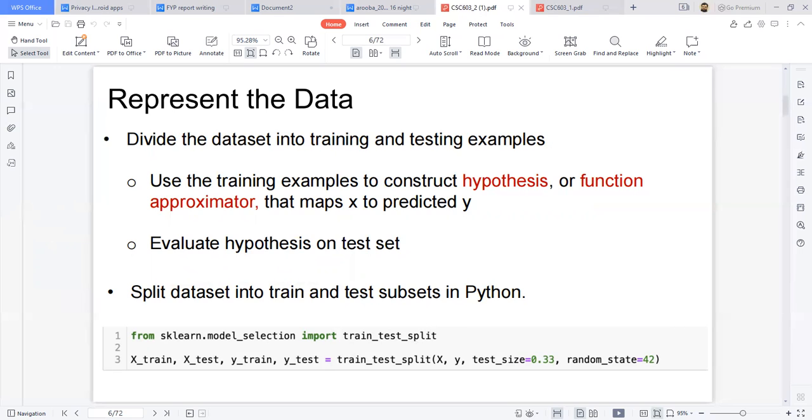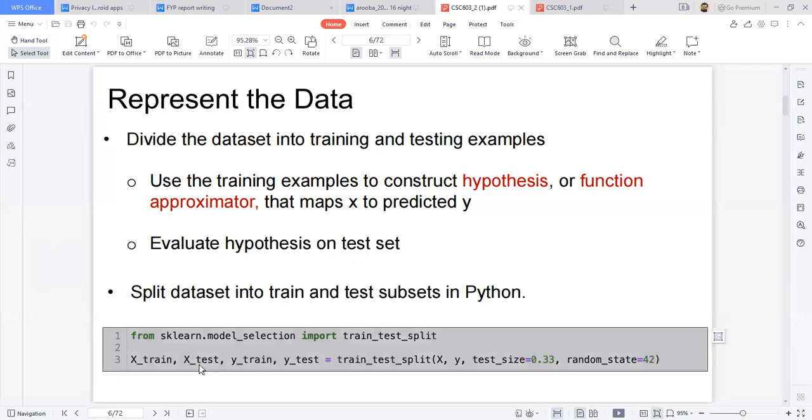You can just memorize this, because you will use it a lot if you become a data scientist in a company. This gives X_train, X_test, y_train, y_test, the training data set and the testing data set.